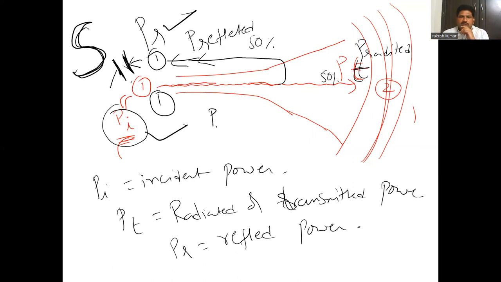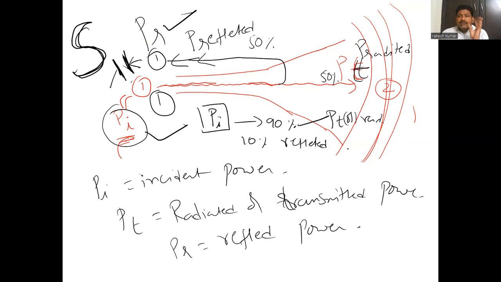For example, if I transmitted PI, and 90% of the input power is transmitted or radiated and only 10% is reflected, that means 0.1 PI is reflected back, and 0.9 PI is radiated into the free space.